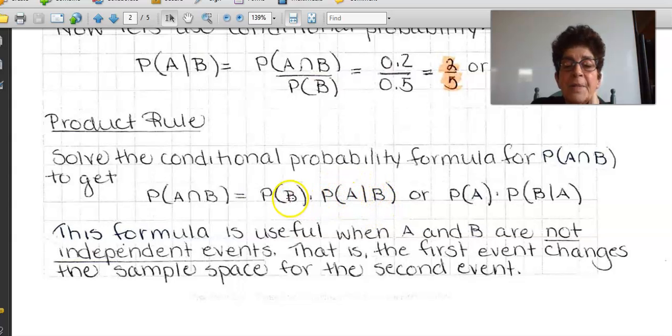In this case, if B occurs first, then A is my second event. This is the probability of A happening given that B already occurred. If A is my first event, then I have the probability of that first event times the probability of the second event B occurring given that A has already occurred.